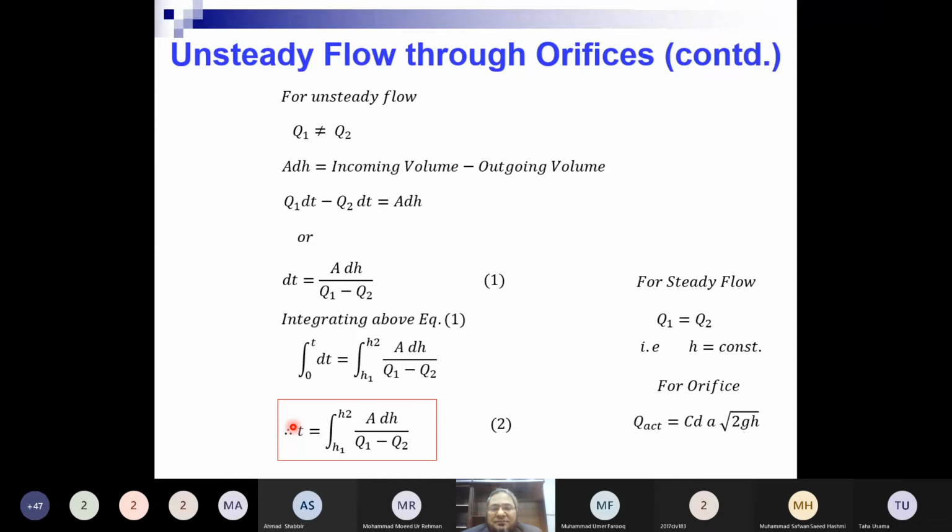What should it be? If I am plotting on the y-axis small h, which is the head, and on the x-axis this parameter A over Q1 minus Q2, then what is the product of these two? Sir, time will come, the area under the curve. The area under the curve would be the emptying time of the reservoir. Is that okay?